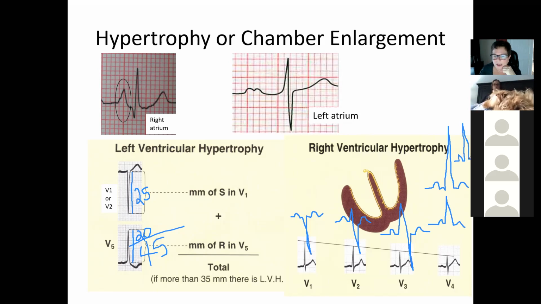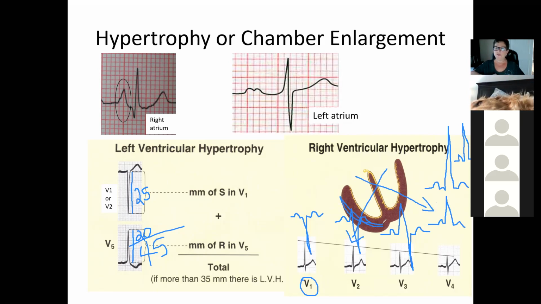When you look at this example, you have a positive QRS in V1. There's only 5 reasons for a positive QRS in V1, and one of those is right ventricular hypertrophy. That's because the electricity is not traveling down this way like it normally does. All of the muscle mass is over on the right now, or the biggest amount of muscle mass.